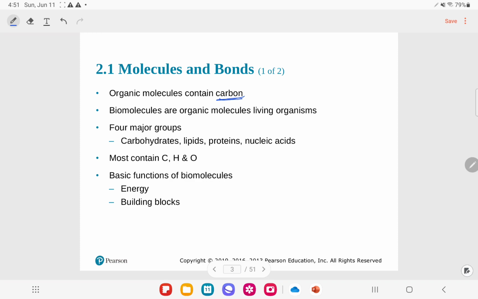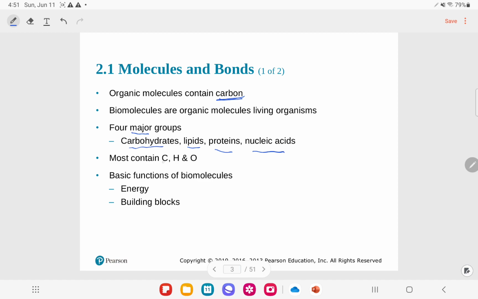So the biomolecules that we have in our body, they're going to make up the majority of our being. And those are going to be the carbohydrates, the lipids, the proteins, the nucleic acids. So remember these are going to be the four major biomolecules, or the four major macromolecules that are going to be in the body.